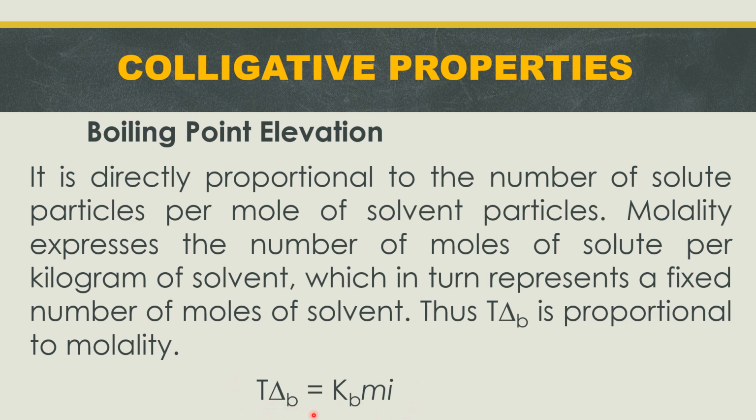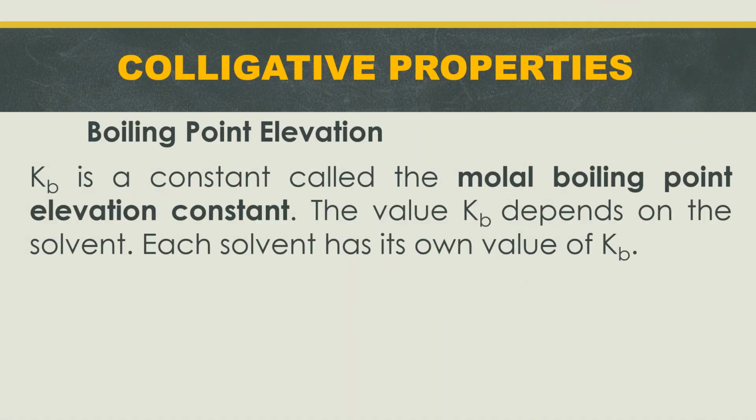So delta T_b is equal to the constant Kb of the pure solvent times the molality and its Van 't Hoff factor. Kb is a constant called the molal boiling point elevation constant. And the value of Kb depends on the solvent. Each solvent has its own value of Kb.